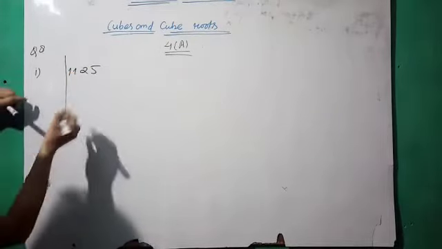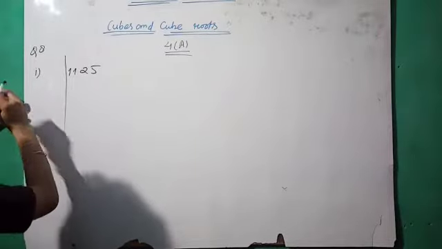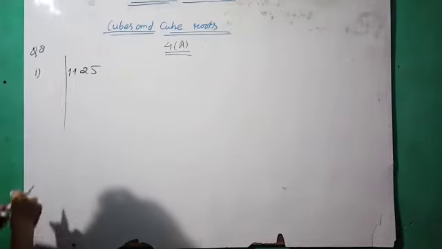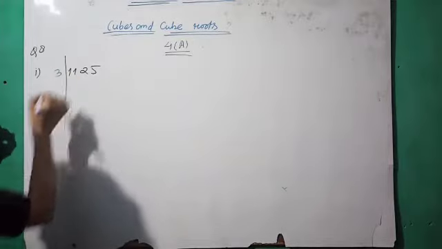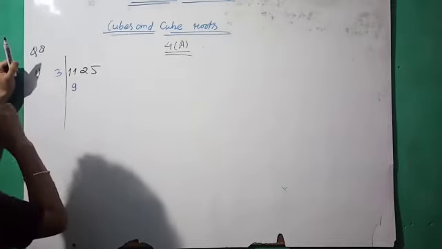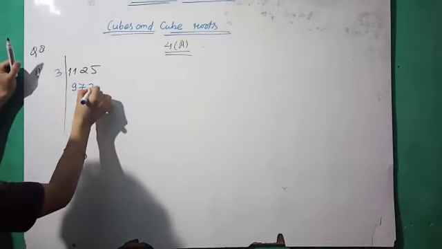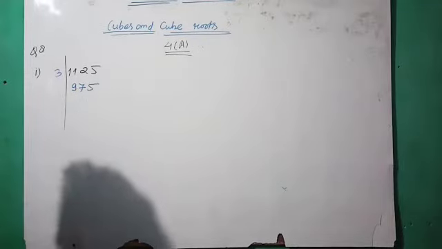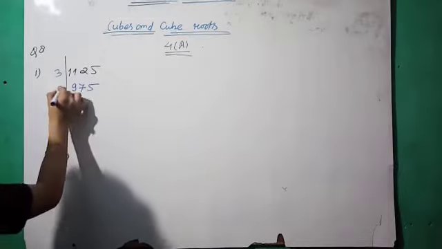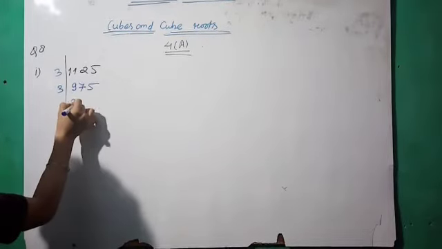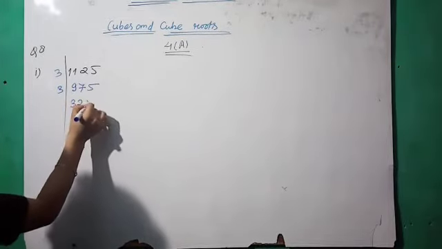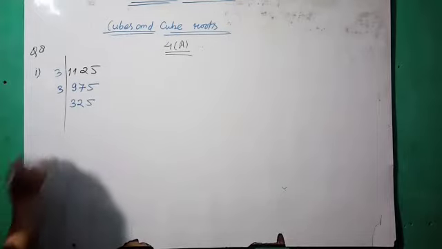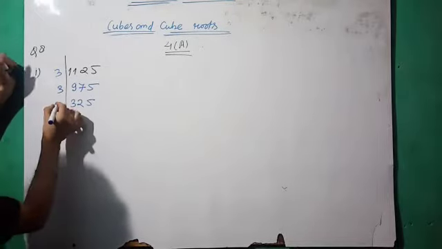First we have to find the prime factorization. Divided by 3, 3 3s are 9, 3 7s are 21, 3 3s are 9, 3 5s are 15. Again 3, so 3 3s are 9, 2 5. Now this number is divisible only by 5.